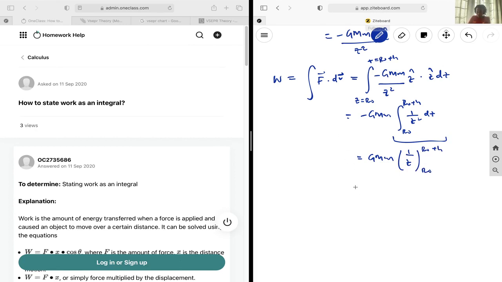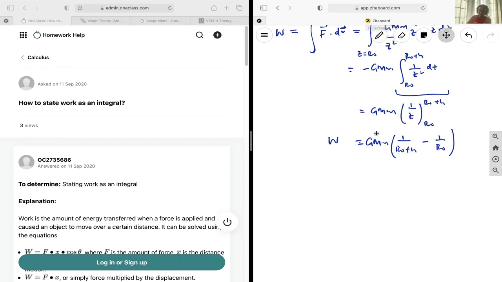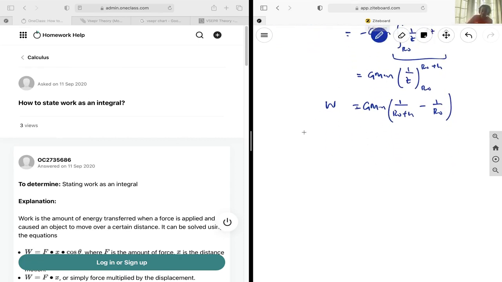When you actually do that out, you will get G M m multiplied by 1 over R0 plus h minus 1 over R0 as the work done as the rocket goes from the surface of the Earth to height h above the surface, so R0 plus h. And then remember, lastly, we want this to be escape velocity, which is when h goes to infinity. So we'll want the limit as h approaches infinity of W.